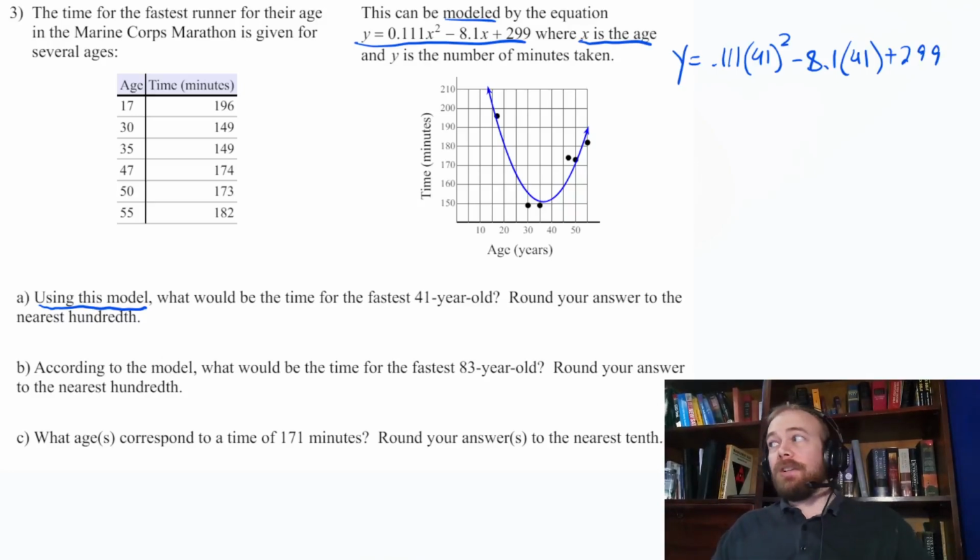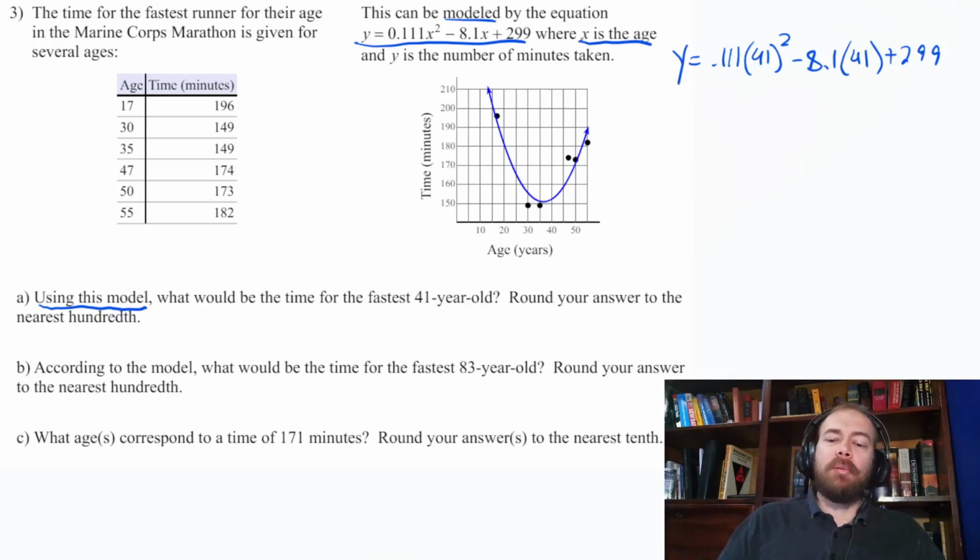So I'm literally just going to type this in: 0.111 times 41 squared minus 8.1 times 41 plus 299. And I get 153.491. It says round to the nearest hundredth, so 153.491 would round to 153.49.